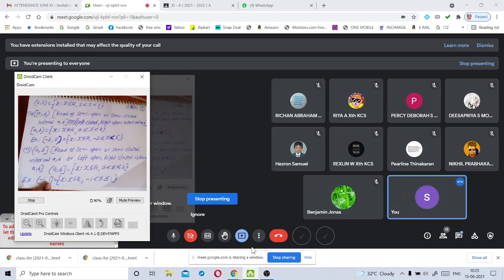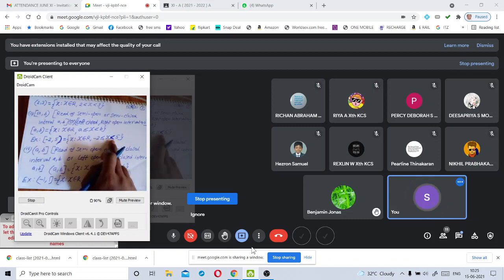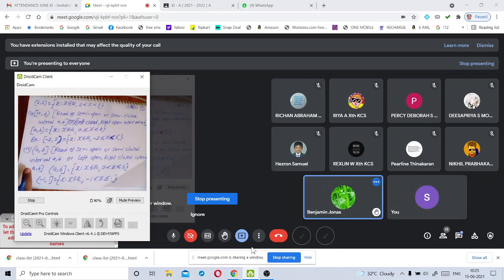After the second number, if a square bracket is used, keep the less than or equal to symbol after x. If an open bracket is used after the second number, then keep the less than symbol. This is a small trick to represent the interval.